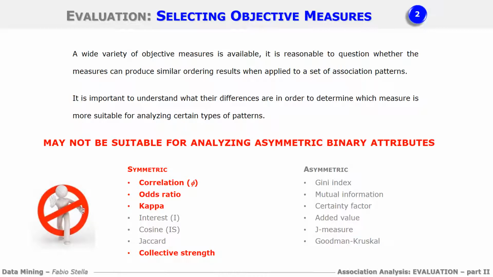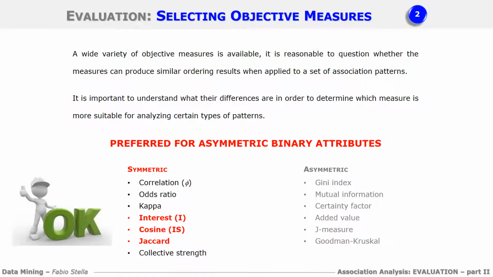According to the specialized literature, the following symmetric measures, correlation, odds ratio, kappa, and collective strength, may not be suitable for analyzing asymmetric binary attributes.